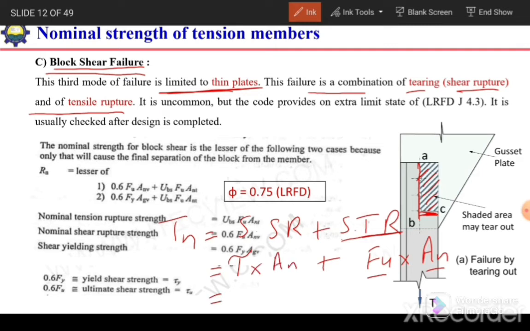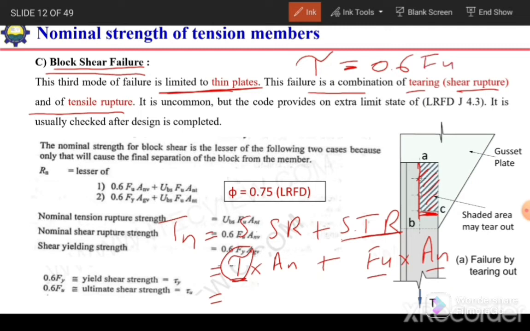Now we need to consider what this shear strength of the steel will be. We can either calculate or determine the shear strength of steel. If we know its shear strength, then we can directly input that value, or otherwise we can approximate it. After sufficient tests, we have determined this combination: the shear stress of steel is equal to 0.6 times Fu in case of rupture.